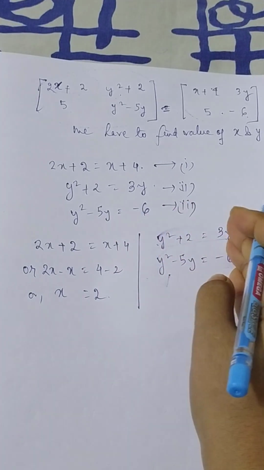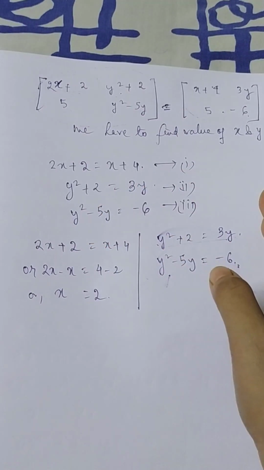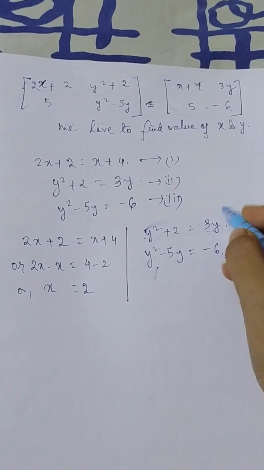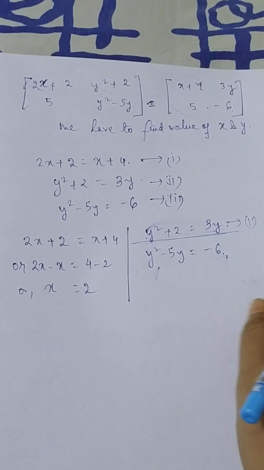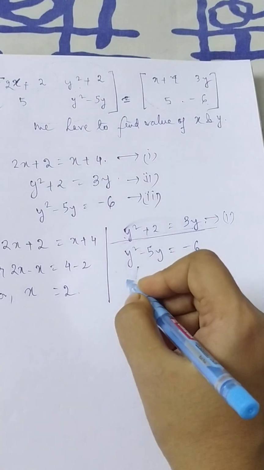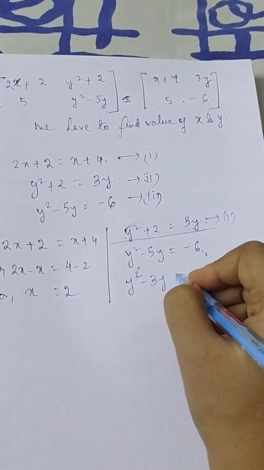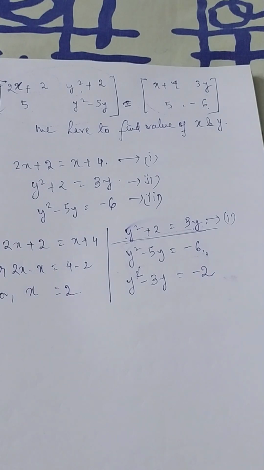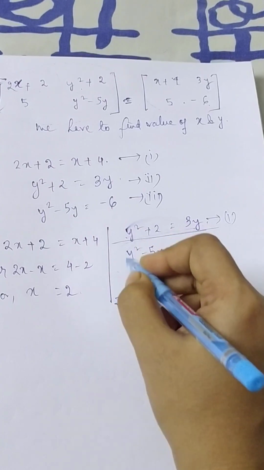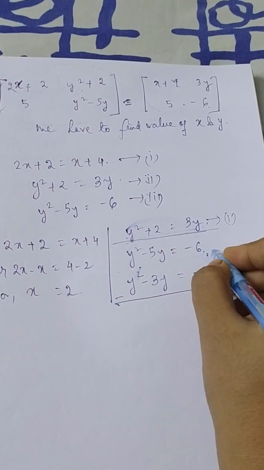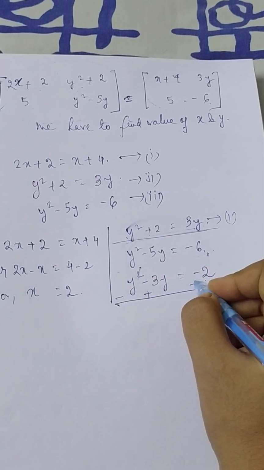That means in each case I have to keep the variables on the left side and the constant term on the right hand side. So first change this particular equation, y square plus 2 equals 3y. I can write it as y square minus 3y equals minus 2, right? While solving this, I am subtracting this equation from the other equation, so the signs will be changed.